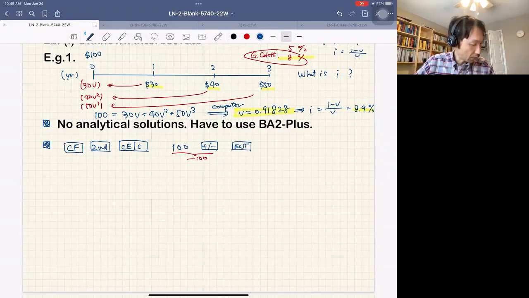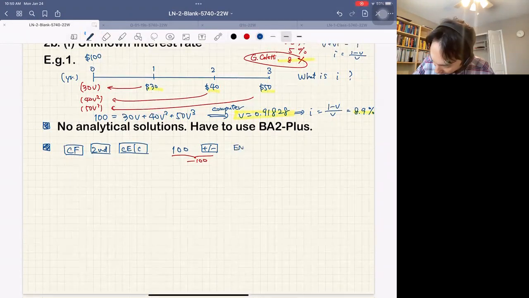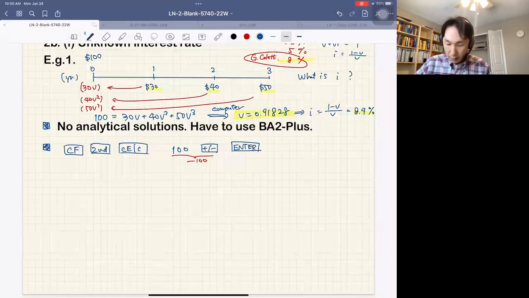ENT is where? So the top second one from the left. So top row and the second column. Enter. Okay. Then we go down arrow.